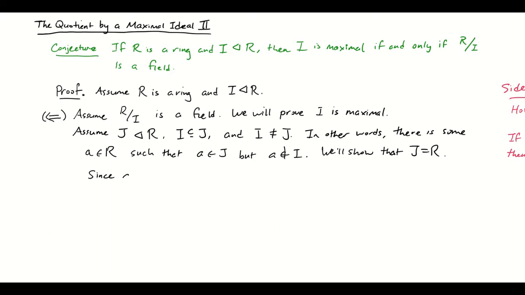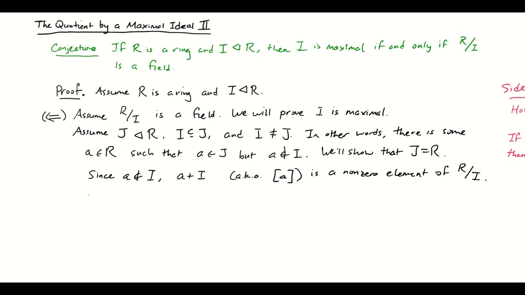Since A does not belong to I, that means that the coset A plus I, also known as the congruence class of A mod I, is a non-zero element of the quotient ring. Okay, and the reason we know it's a non-zero element is the zero element of the quotient ring is the ideal itself. A does not belong to that ideal. A is outside of it, which means it has its own coset, and that coset is not the zero element of the quotient ring.